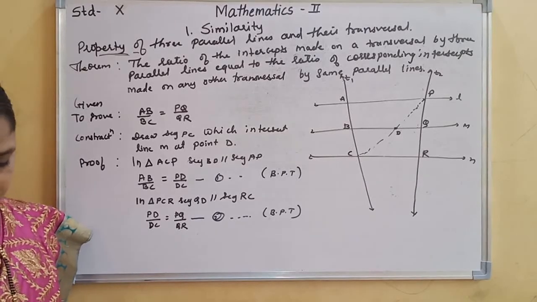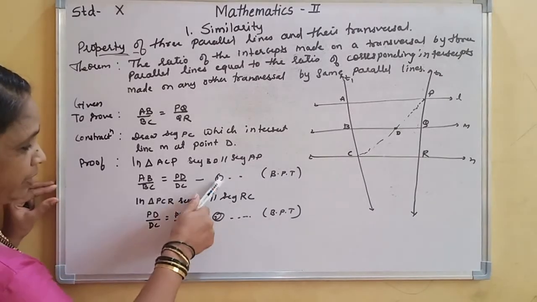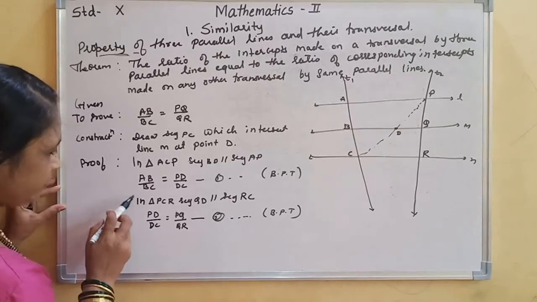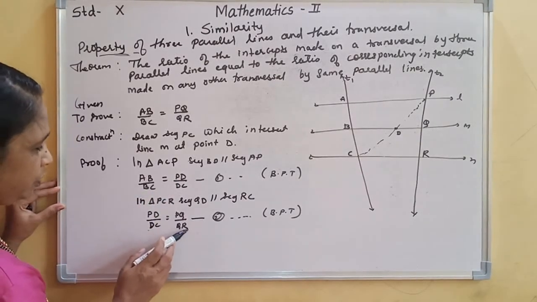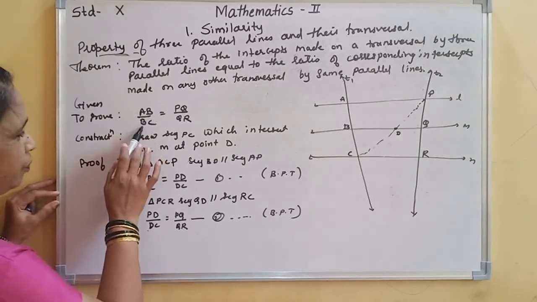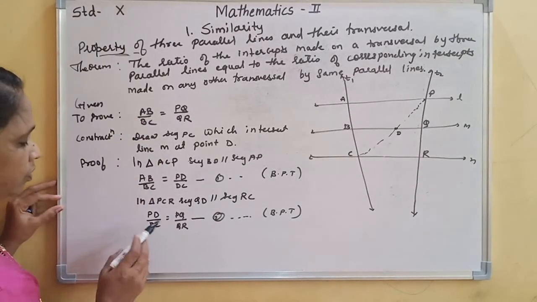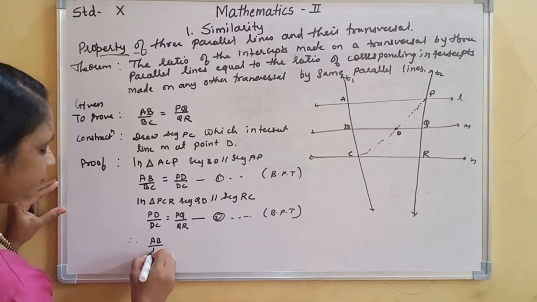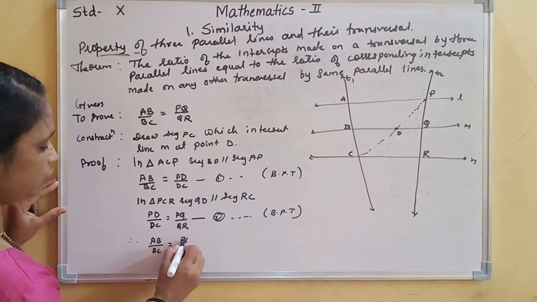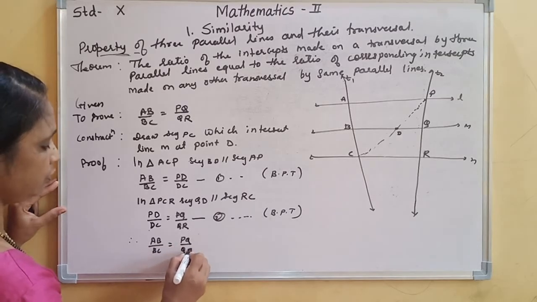Okay, now see, if we compare 1 and 2, from 1 and 2 what can we get? PD upon DC is equal to PQ upon QR. So we get AB upon BC is equal to PQ upon QR, from 1 and 2. Therefore, AB upon BC is equal to PQ upon QR.